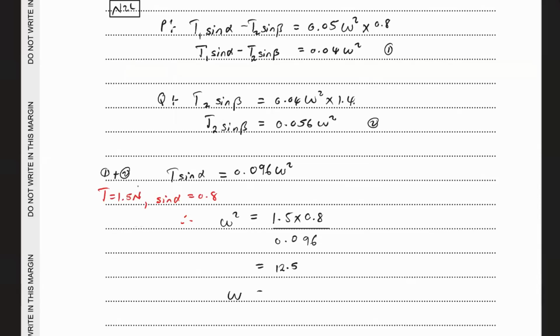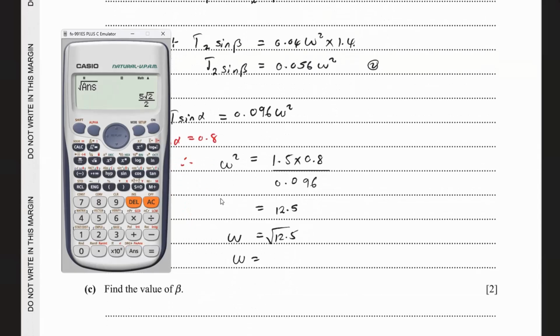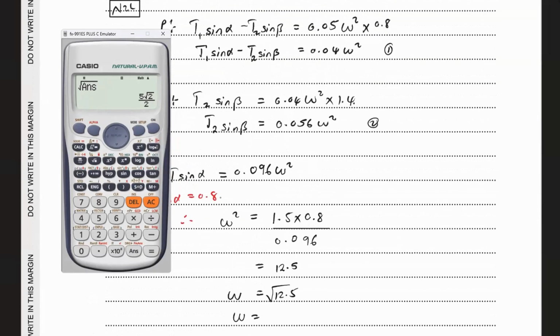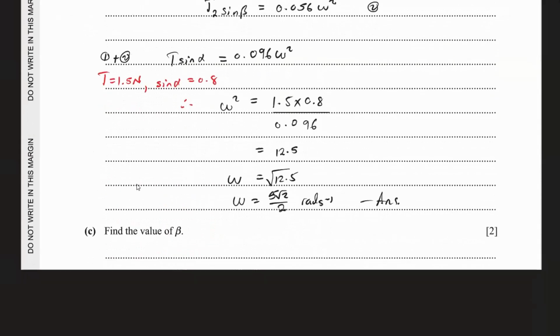So omega will be the square root of 12.5. So omega will be equal to 5 root 2 over 2 radians per second. And that's the answer. So that's how we do it for part B.